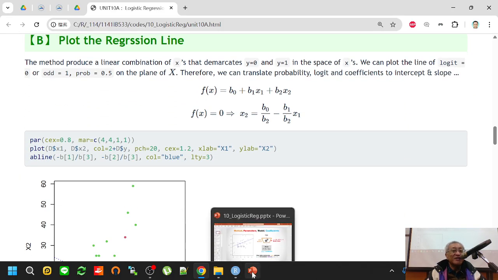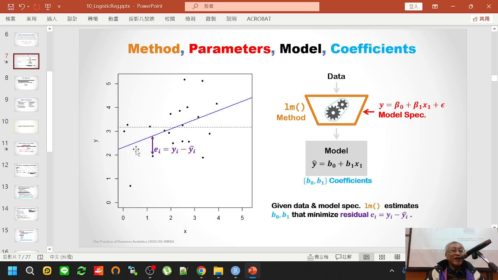Just like in linear regression, we can represent the model by a line in the x and y plane, right? When we have a simple linear regression, we can use the actual x and y to plot the data points, and we can plot the model by a line.